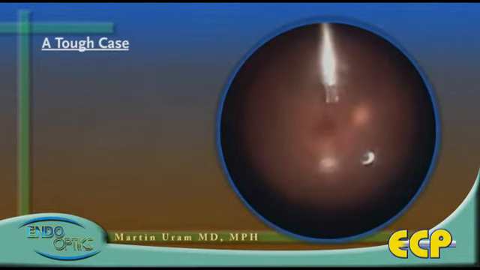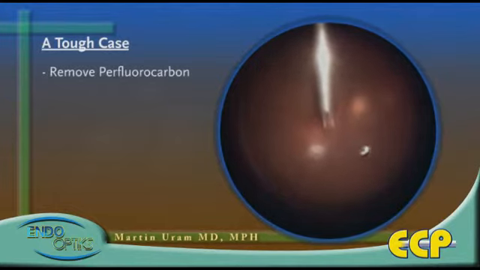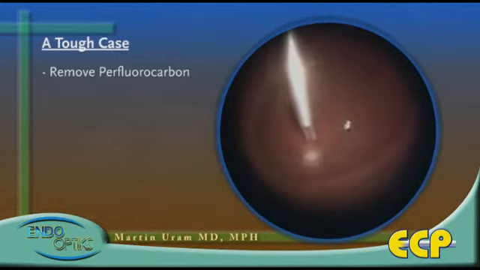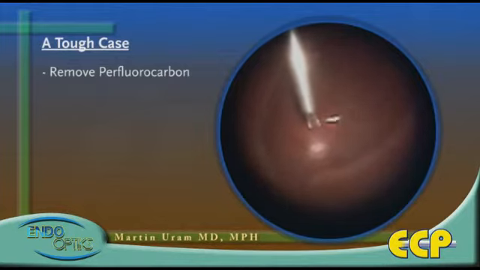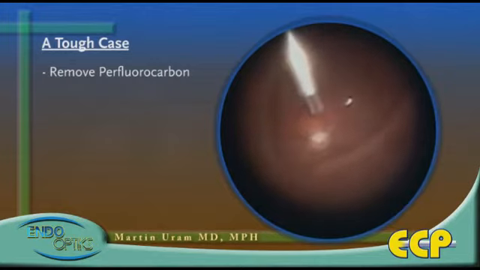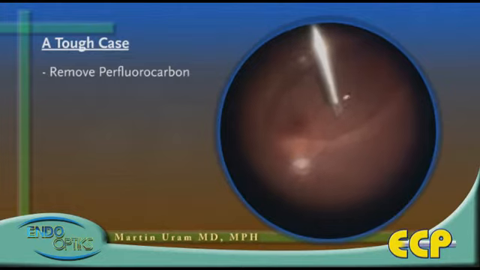Once the optic is removed from the eye, the perfluorocarbon liquid is aspirated, and it's fairly simple to do under endoscopic control because the liquid itself has a different specific gravity than the BSS that is otherwise filling up the eye, and so the edges of the perfluorocarbon liquid bubble are easily seen.